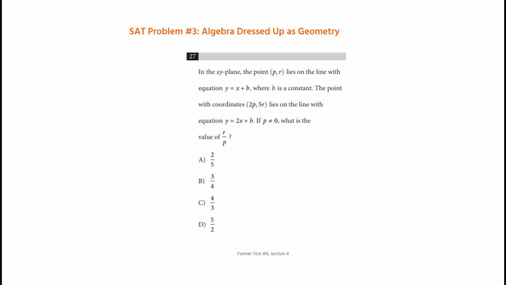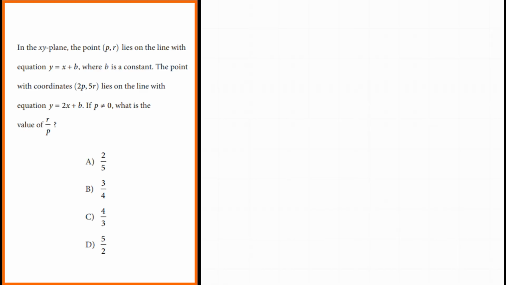Now this is an interesting problem because it's talking about lines and it looks like a geometry problem, but it is really more about solving systems of equations. And how can we see that? Well, if you think about what a line represents, let's say we have our xy plane. We have some sort of line on that plane with some equation y equals mx plus b.